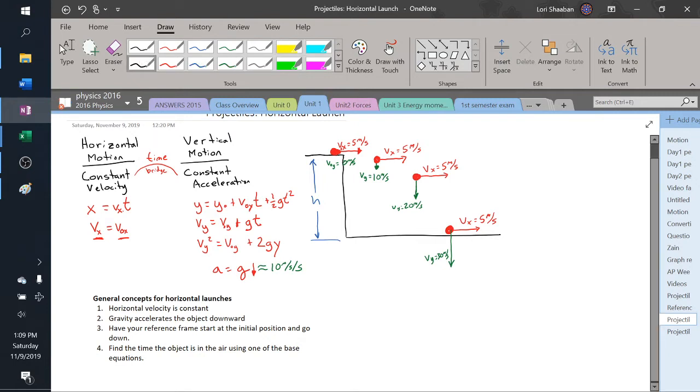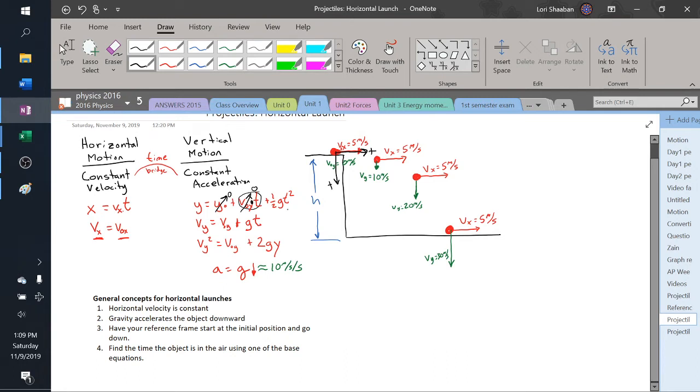We're going to first of all put our reference frame positive and downward. Therefore, my initial position is 0. Since I'm not putting any velocity downward, this whole term goes away. Since these two are being multiplied, this will also go away too. So this whole term goes away.